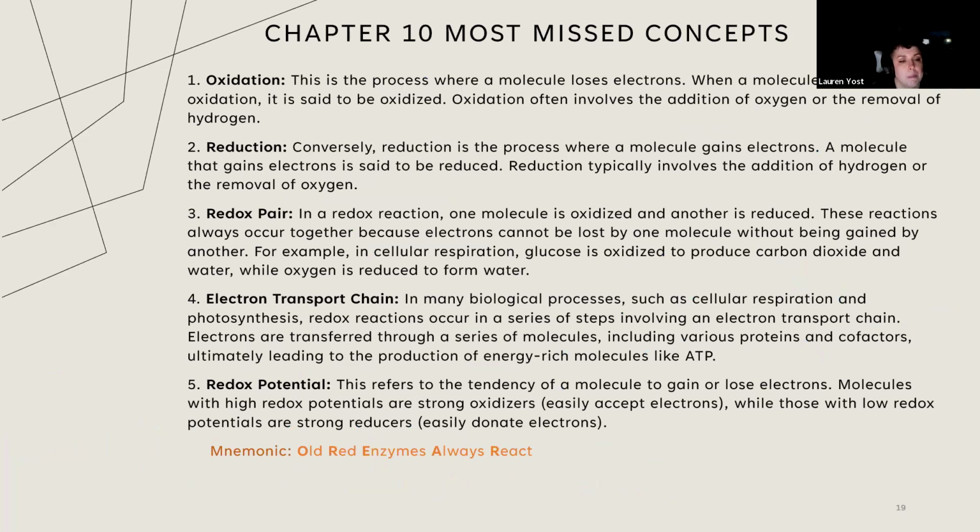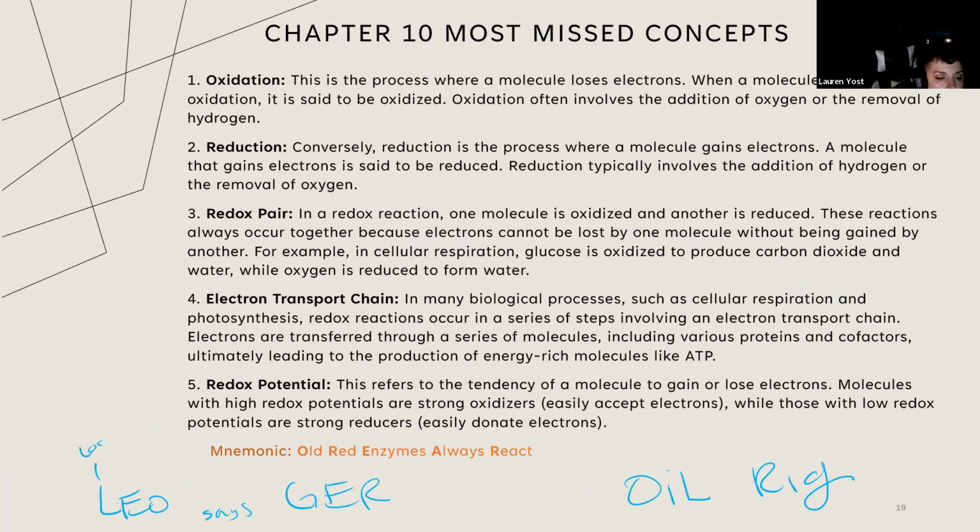All right, our next concept is redox reactions. Remember, Leo says grr. Leo the lion says grr, or you can say oil rig, where you lose electrons, oxidized, or gain electrons, reduced.